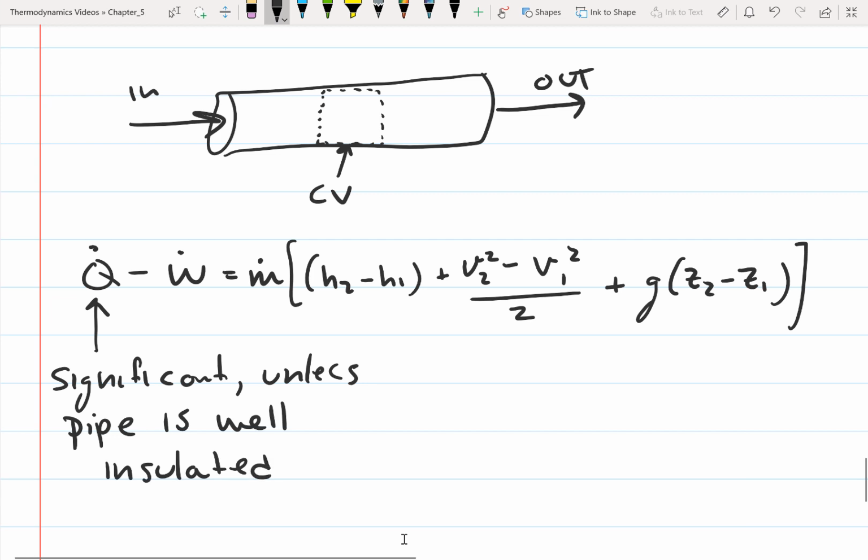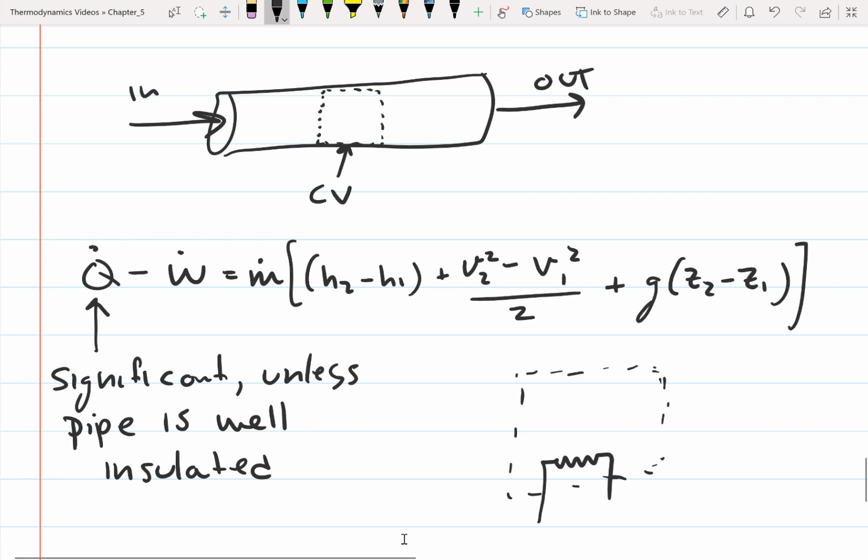Also, the work is going to be 0 unless you have a fan or maybe some electrical work in your pipe. So let's say that this is our control volume inside the pipe. If we have say a coil in here, so we're heating the fluid in the pipe, we would have electrical work that we need to account for, so then the work term won't be 0.